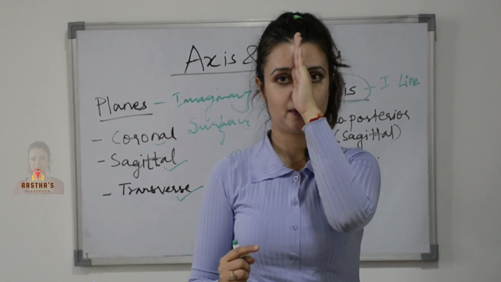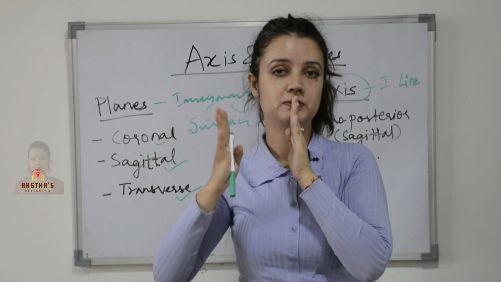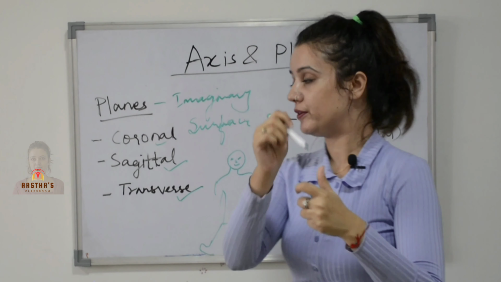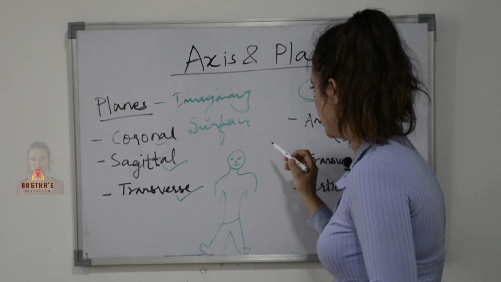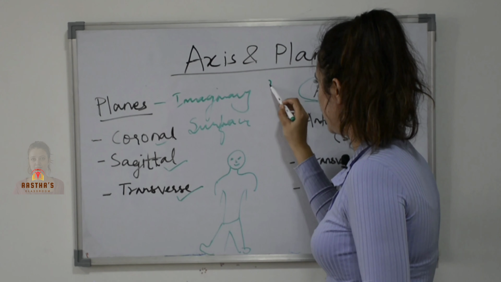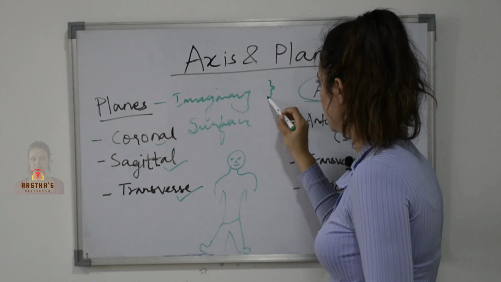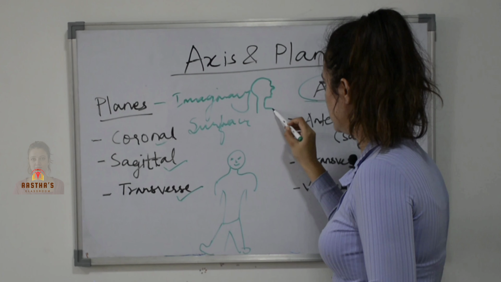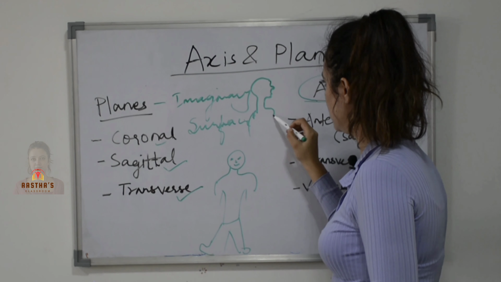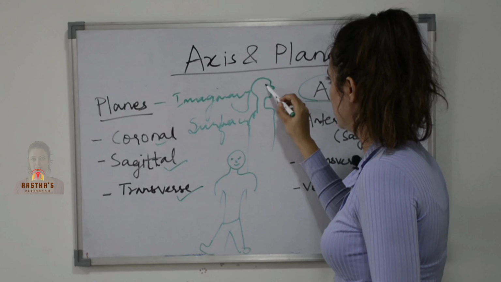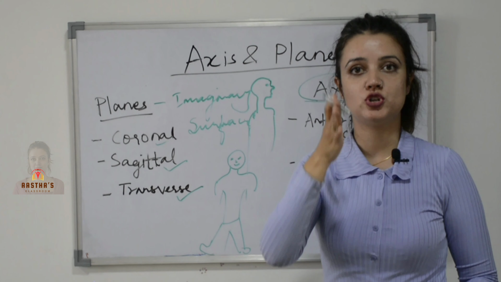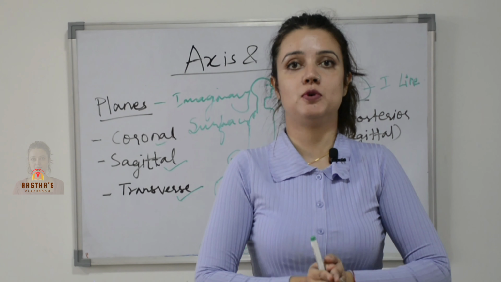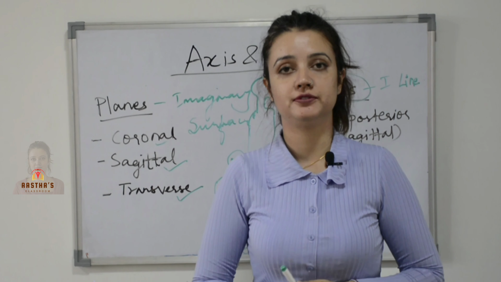When we make a diagram of a person showing the nose and mouth in profile like this, this becomes the sagittal plane. It is a plane which divides the body into right and left half.